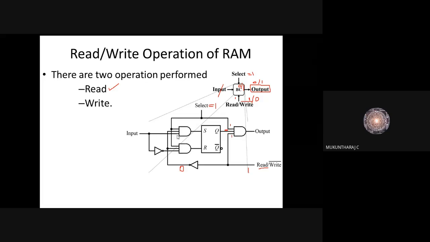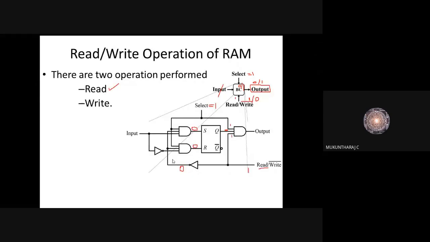Here this NOT gate produces logic 0, and this logic 0 is applied to these 2 AND gates. If any one input to an AND gate is logic 0, then what is the output of these 2 AND gates? It produces logic 0.